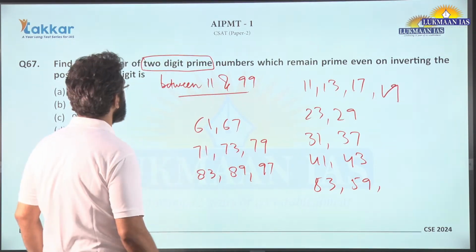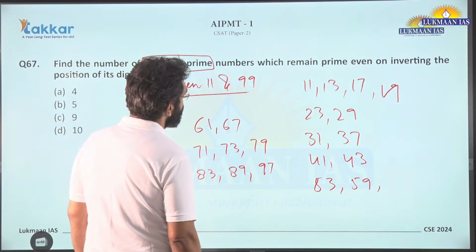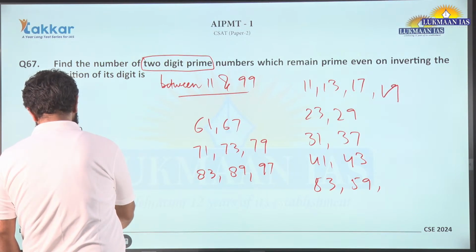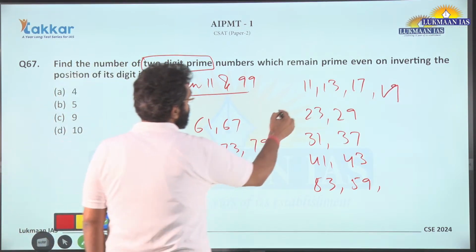These are the 2-digit prime numbers. How many of them will remain a prime number if we invert their digits?